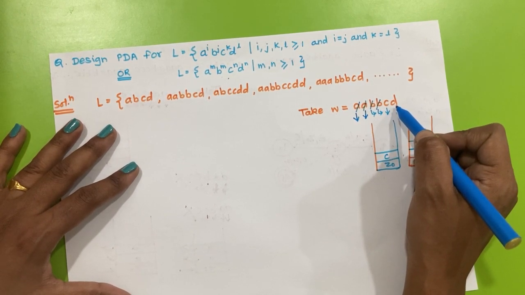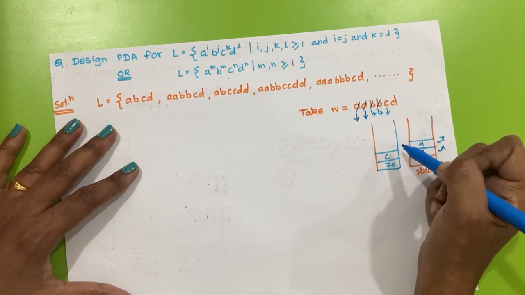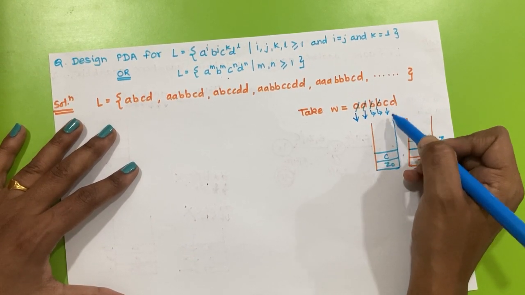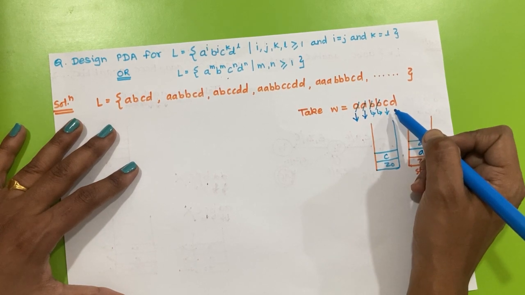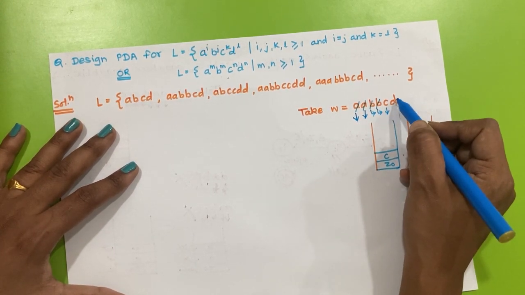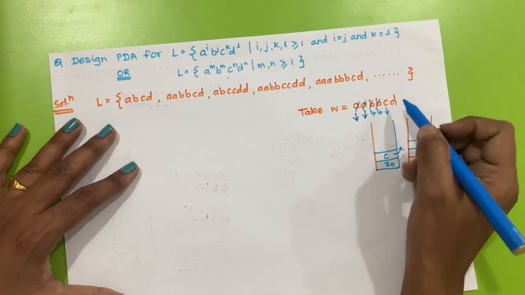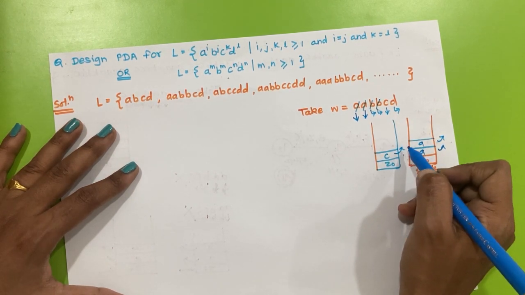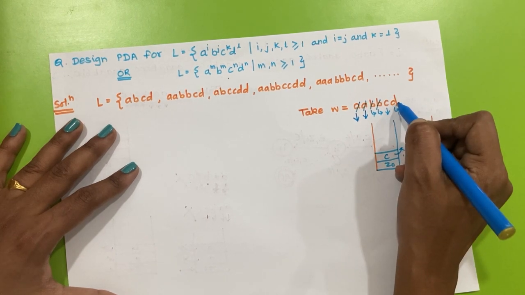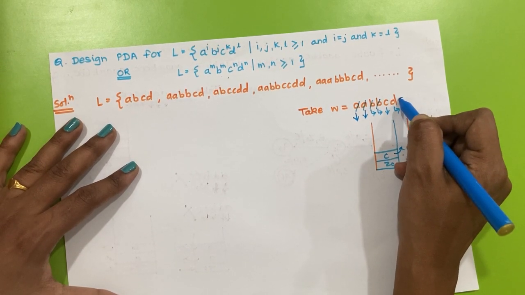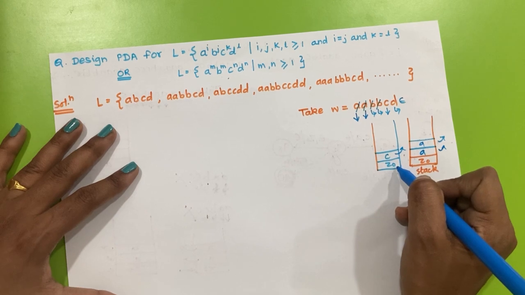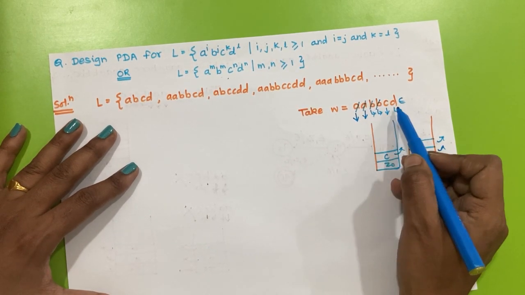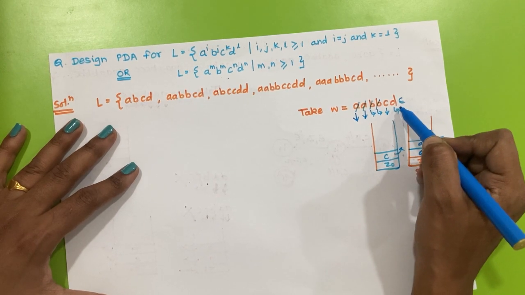Now we have input symbol D and top of stack as C, so we have to cancel this C for reading D. So for this D, the C will get popped out. Now after D we have input symbol empty to read and our top of stack is Z0, which means we have finished reading every symbol of the input string.